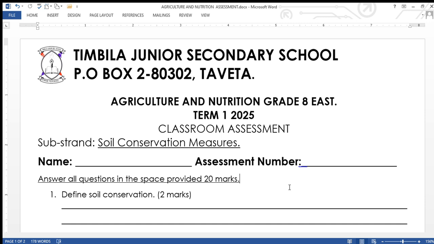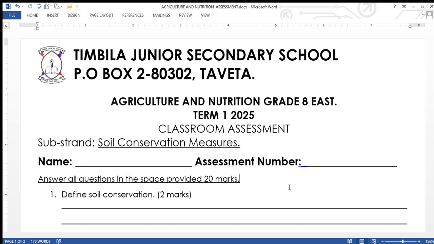What is soil conservation? Then we have different groups to present the answers because you did it, we also did it as an assignment. Then we have group 7.